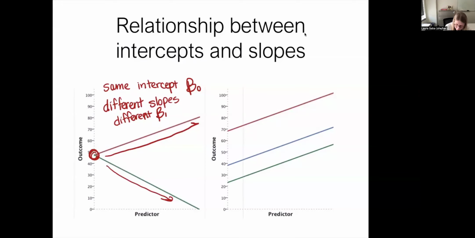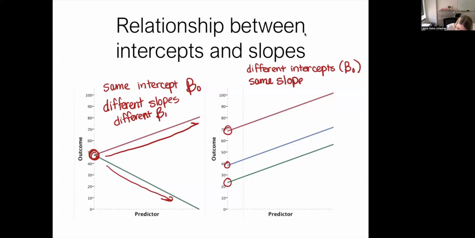Likewise, on this graph on the right, we have very different intercepts. All of these lines cross the y-axis at different spots. So we have different beta naughts from our equation. But we have the same slope.